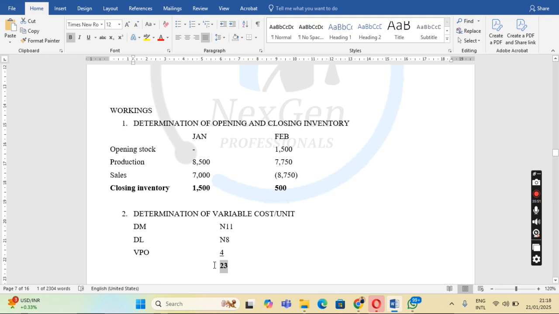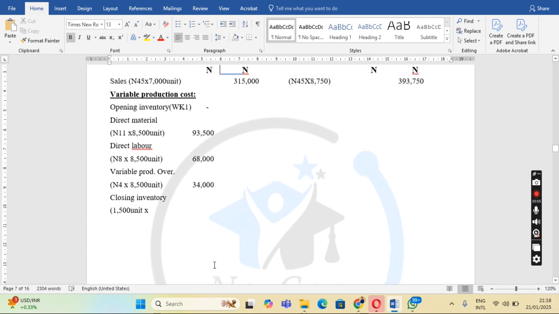And this is what you will use to value your inventory, either opening or closing, because marginal costing is variable costing. It deals with variable cost, class. Now, you multiply 23 naira per unit times 1,500 units, right?